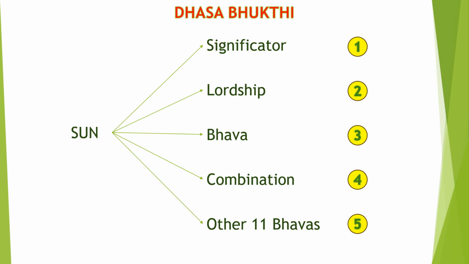So what happens to the other Bhavas during this Dasa period? In this Dasa period, these 11 Bhavas also will be benefited or will be affected because of the Dasa Bhukti. So it will not only benefit or affect the Bhava in which it is, it will also affect the other 11 Bhavas.